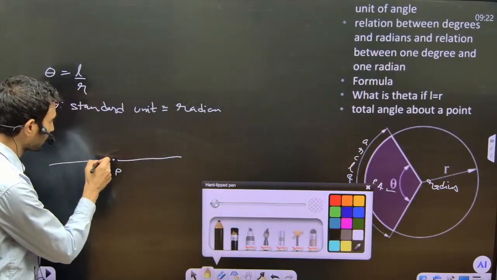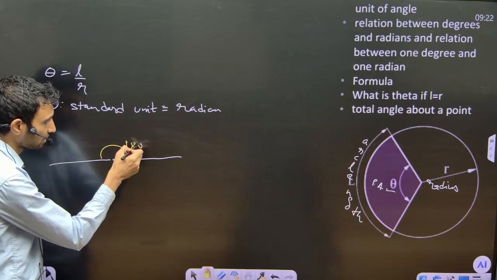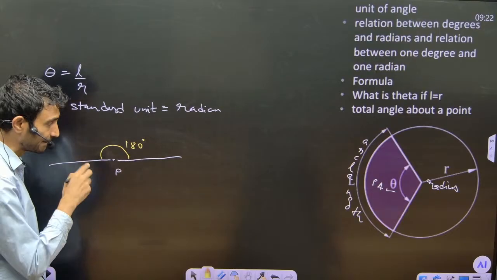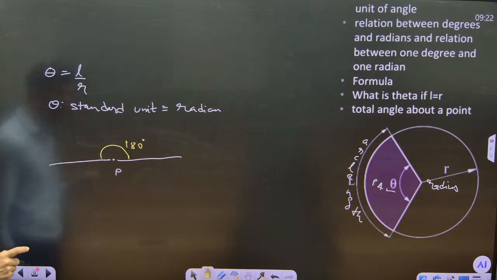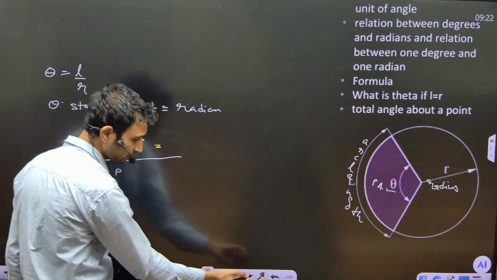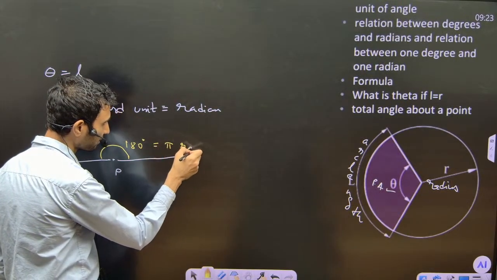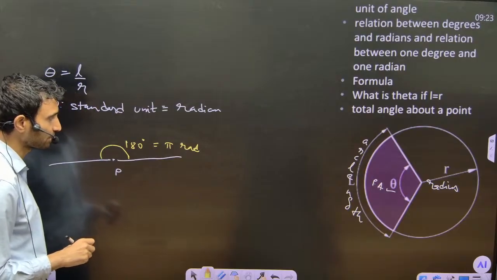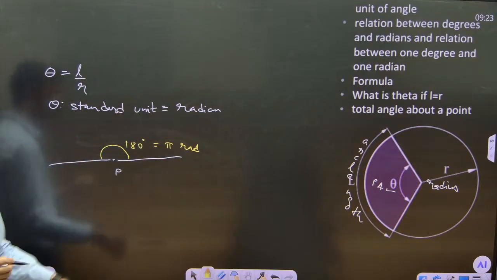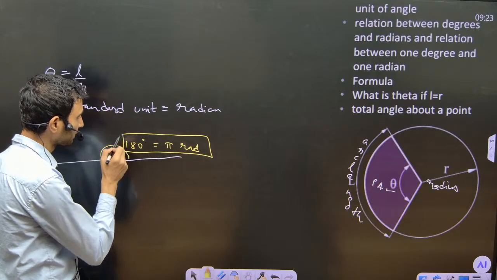This angle, as you have been told, is 180 degrees, right? That you already know. So what I'm going to tell you here is, this is also equal to pi radian. Right? So that is how degrees and radians are connected. 180 degree is defined as pi radian.